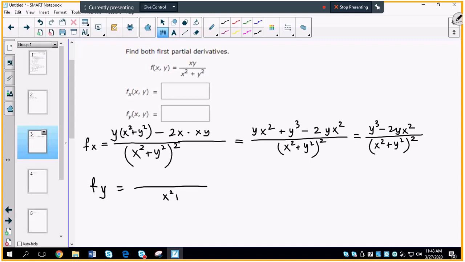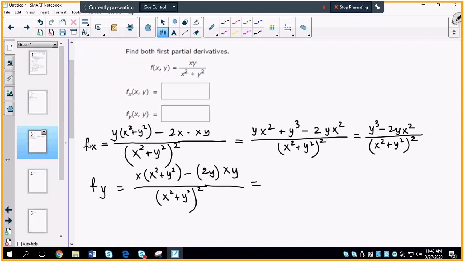So I will say x squared plus y squared whole square, the bottom square. On top I take the derivative with respect to y, so I get x times the bottom, which is x squared plus y squared, minus derivative of the bottom, so I get 0 plus 2y, so that's basically 2y, times the top, which is xy.